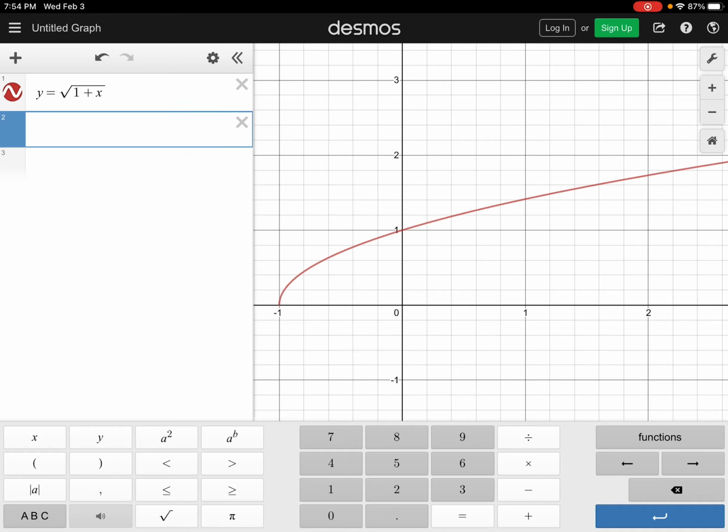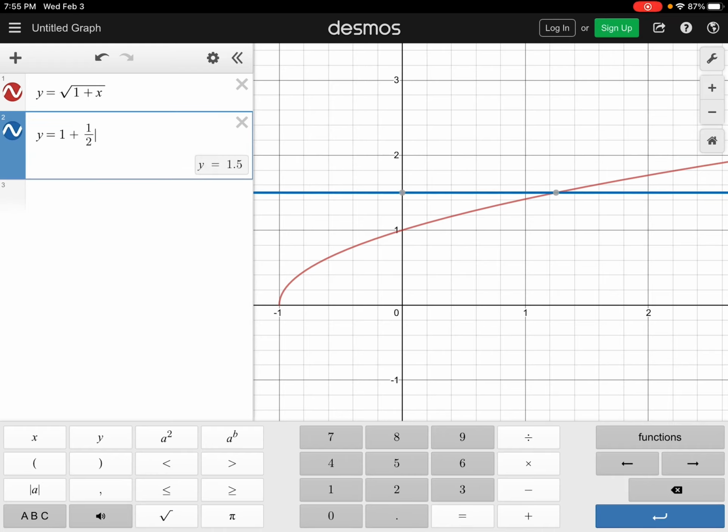And my calculation said that the linearization of this would be y equals, oh, big moment coming up. So if you're like, I don't even know where these values are coming from, this little demo I'm doing here in Desmos will really show where all this is coming from. So 1 plus 1 over 2 x.